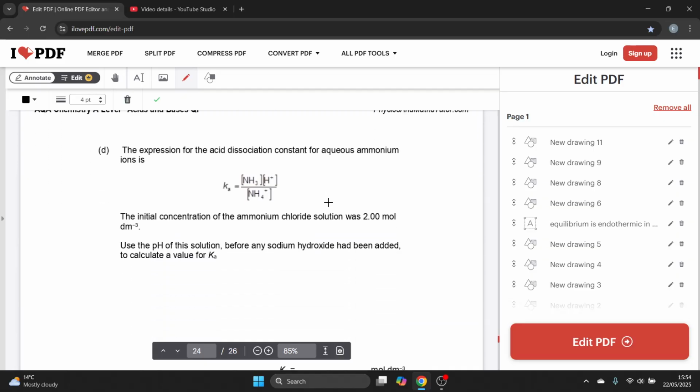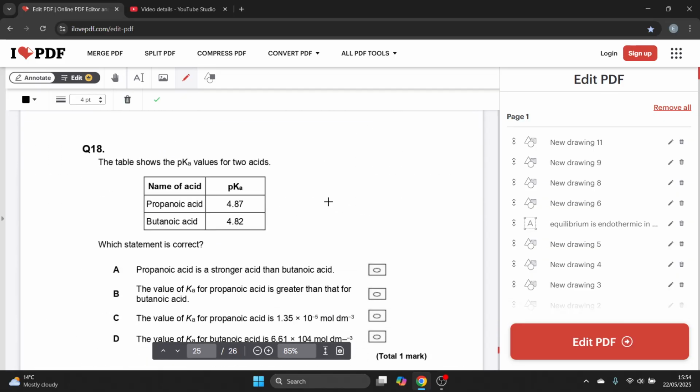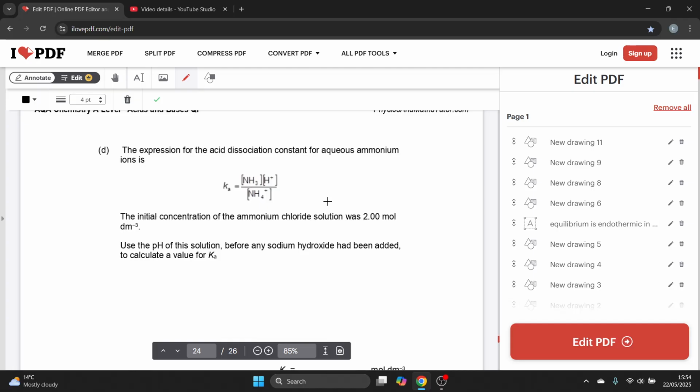Okay. And then we move on. The expression for the acid dissociation constant for aqueous ammonium ions.